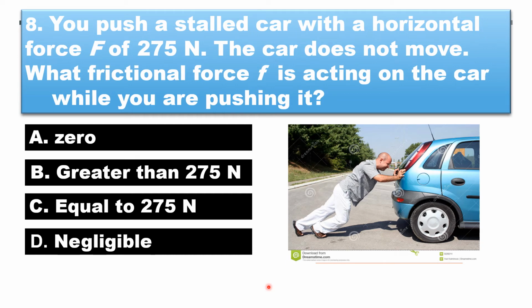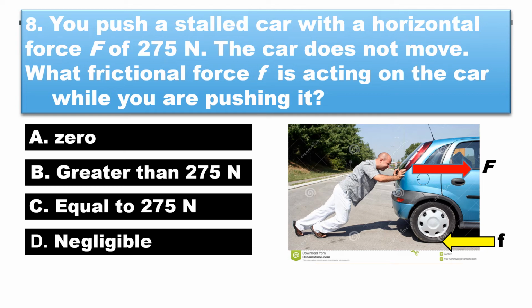Alright, so as shown in the drawing, we have a man trying to move the car, which has probably stalled. The arrow is the force that the man exerts on the car, labeled here as capital F. Then we also have the force exerted by friction.